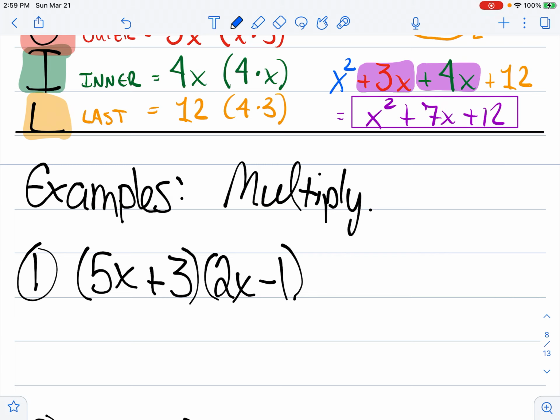So for this problem right here, we're going to start with 5x times 2x. All right, that's my F step. And that product is 10x squared. I'll move that down one line here. And then we're going to do 5x times negative 1. Okay, that's my O step.